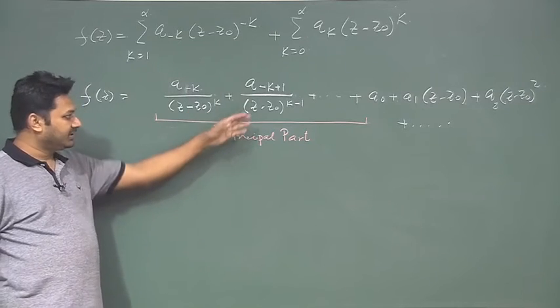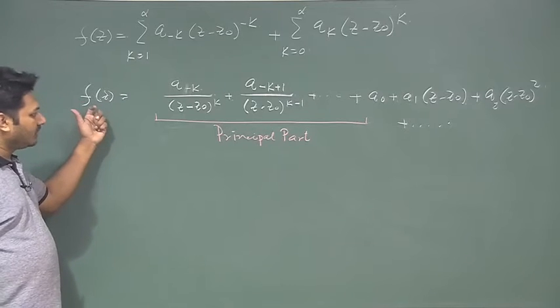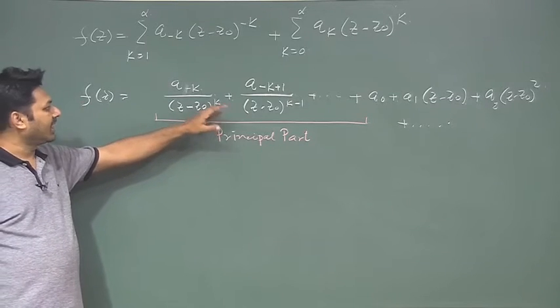So if we have these things, then we have some kind of singularity of this function, and the order of the singularity is k, because I have k terms.